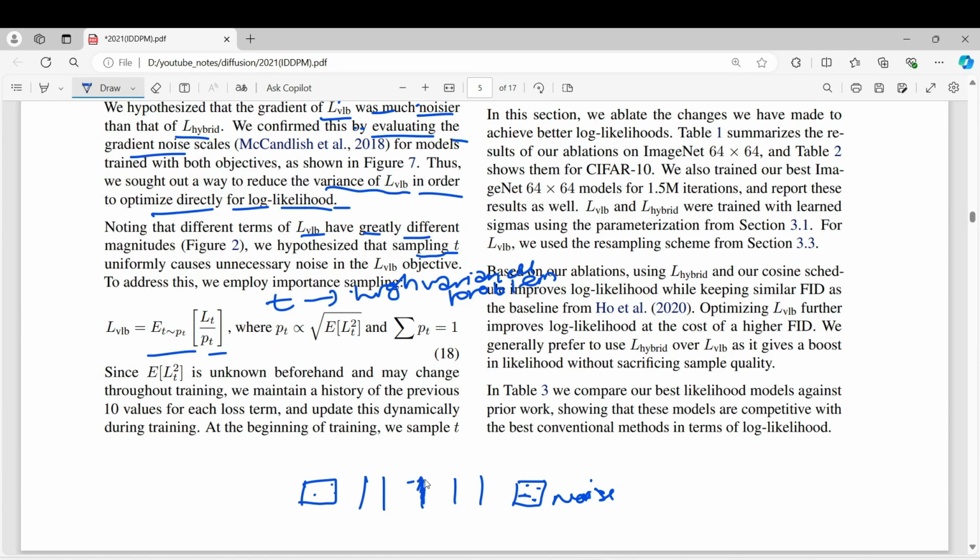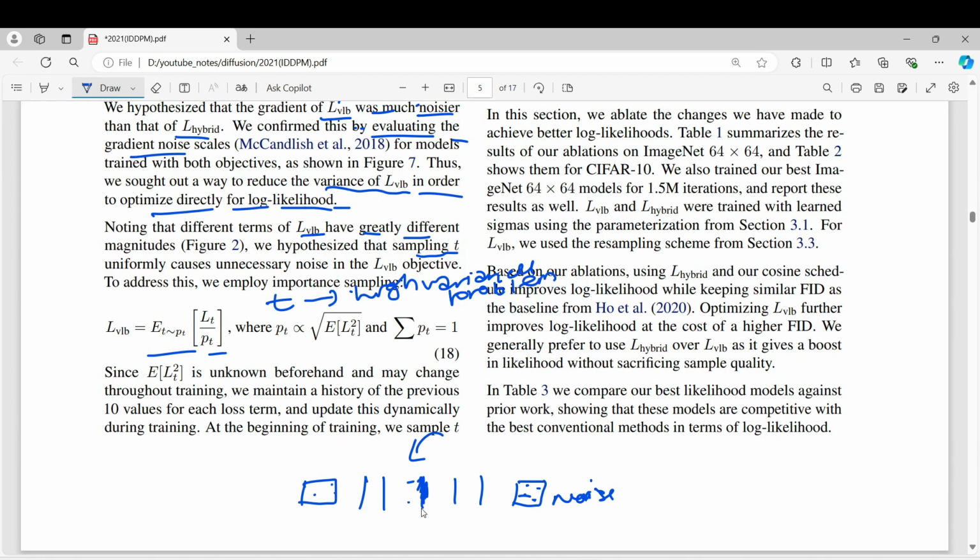In some steps the model is struggling to recover; it is finding a hard time predicting how much noise was added at that time step, and it is unable to recover the actual noise added at that time step.